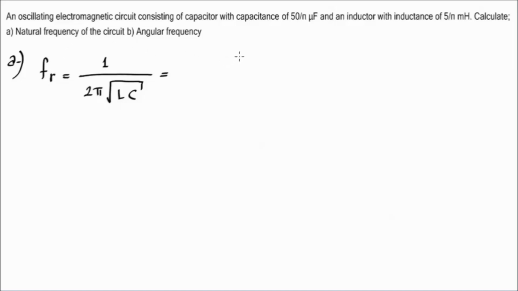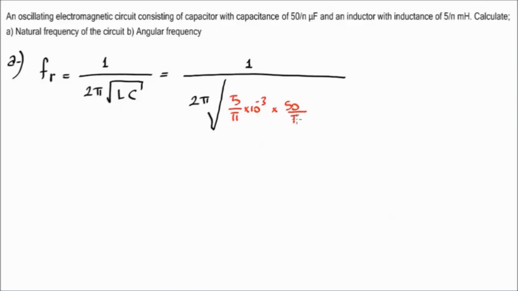So it's going to be 1 over 2π root of L, which is 5 over π times 10 to minus 3, and C equal 50 over π times 10 to minus 6. Pi and pi, over π squared, it will be π, so this π cancels.